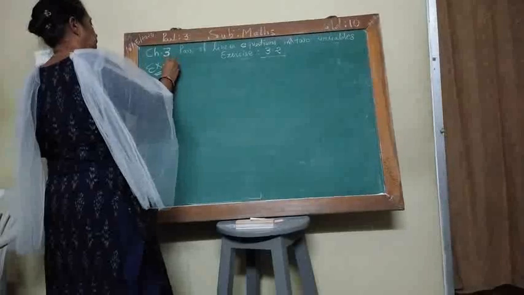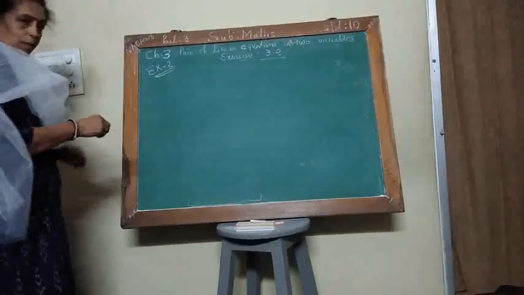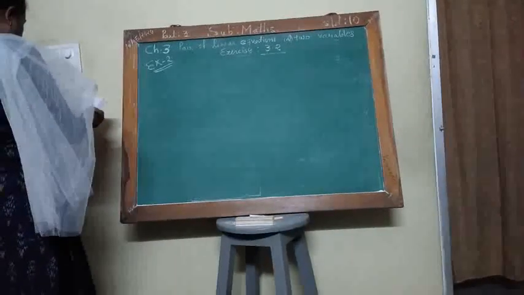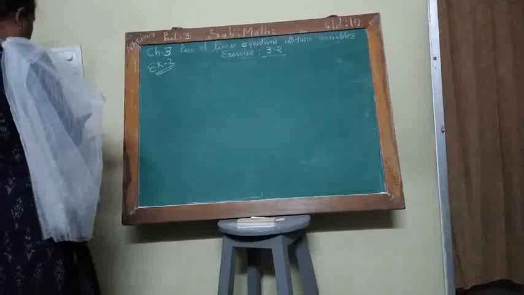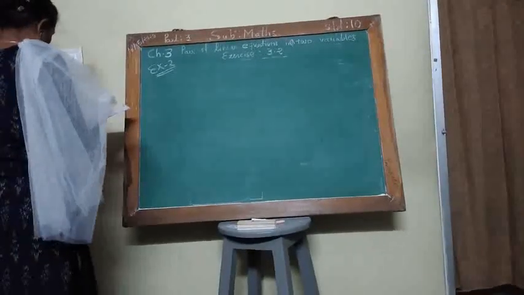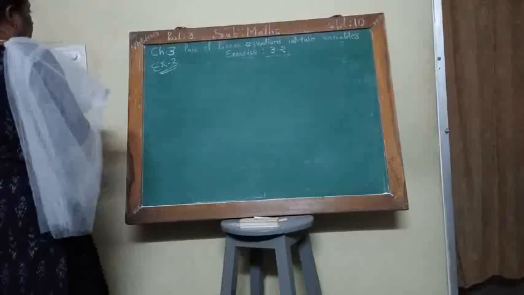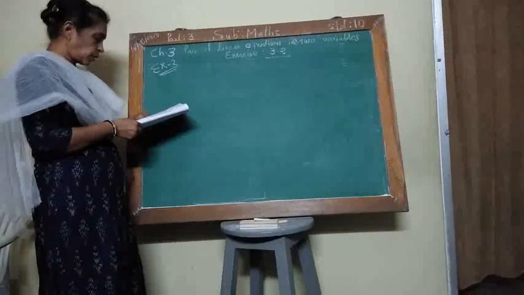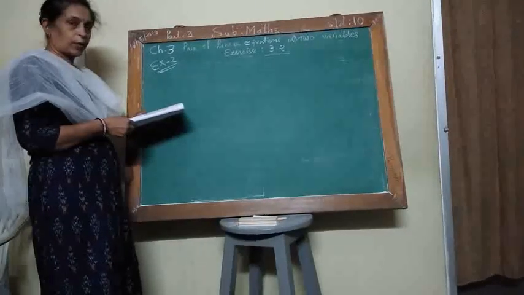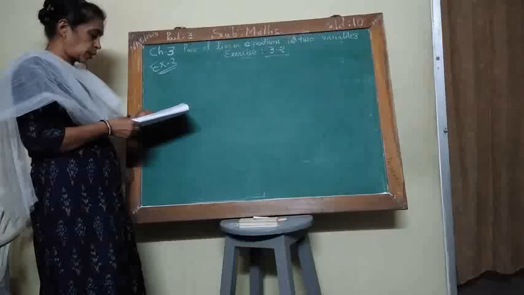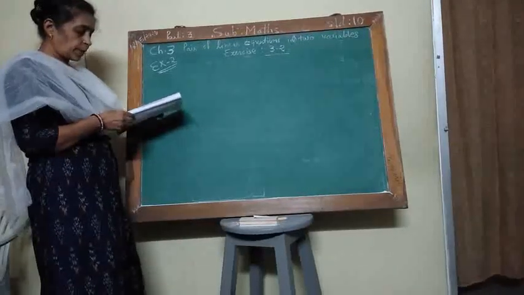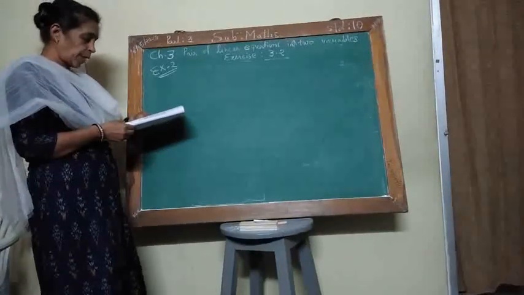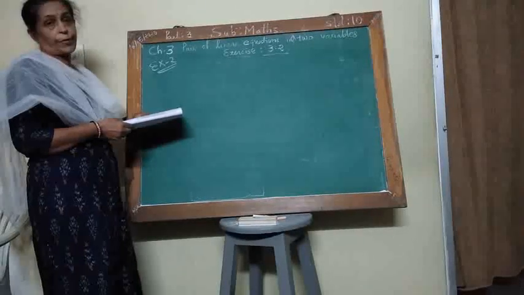So in this way, with the graphical method, you can solve the equations. Now example 3, I come to example 2. In example 2 they have said that on comparing the ratios a1 upon a2, b1 upon b2, c1 upon c2, find out whether the lines representing the following pairs of linear equations intersect at a point, are parallel or coincident.